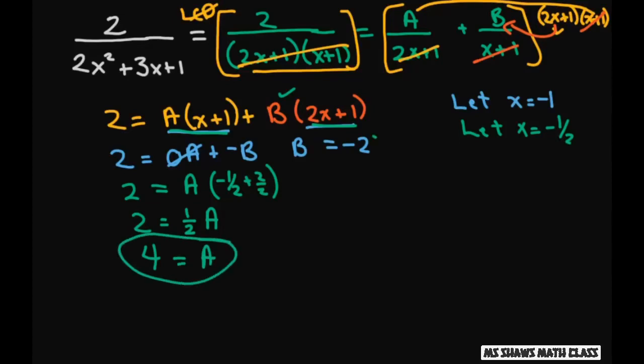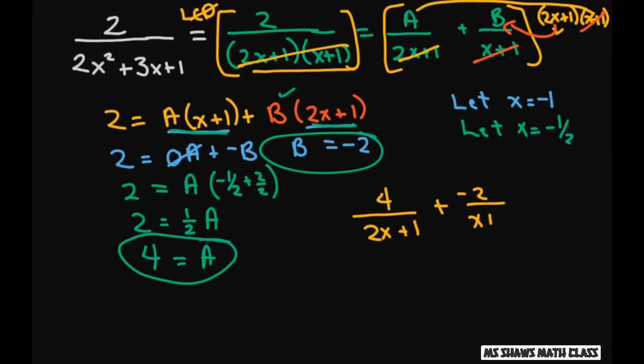So we have our b and our a, and we can rewrite our integrand as 4 is your a, 4 divided by 2x plus 1, plus b is -2 divided by x plus 1.